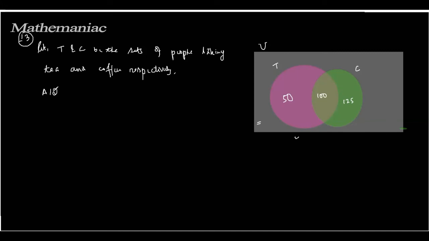According to the question, the number of persons taking tea is 150. Sorry, do not write A, I have written this as T. Number of persons taking tea is 150. Coffee is 225. And the number of persons taking tea and coffee is 100.